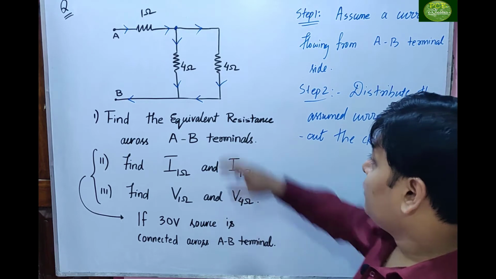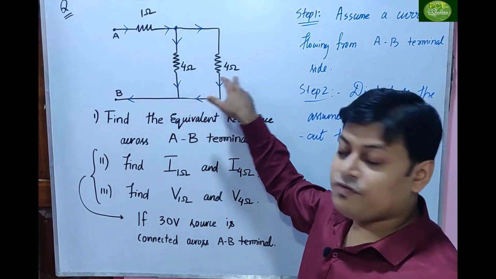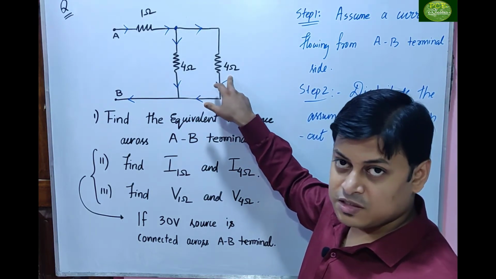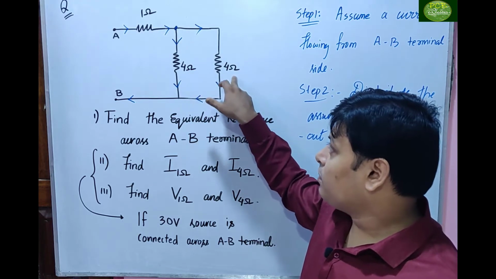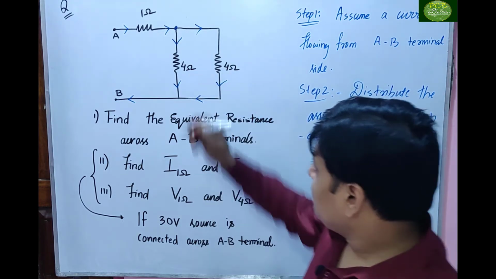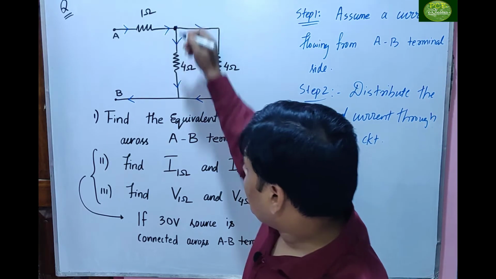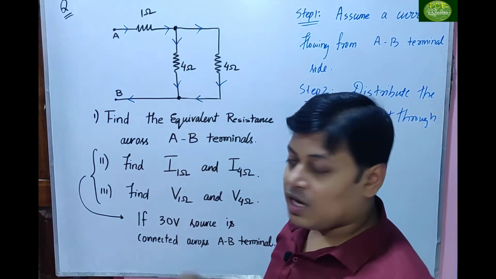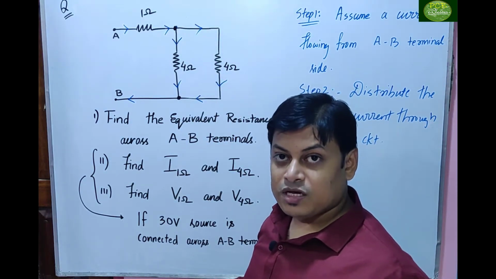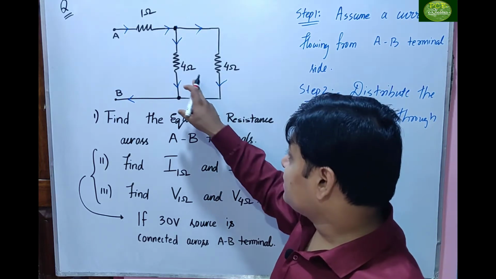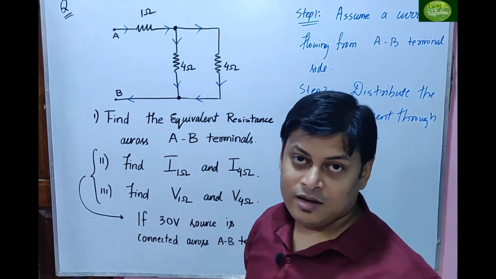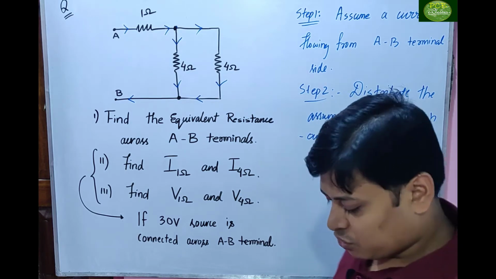Now see here, the 4 ohm and the 4 ohm are two different resistors whose value is 4 ohm each. The starting point of both the 4 ohm resistors and the ending point of both are the same. Now can we say this 4 ohm and 4 ohm are parallel? Yes, both are parallel.